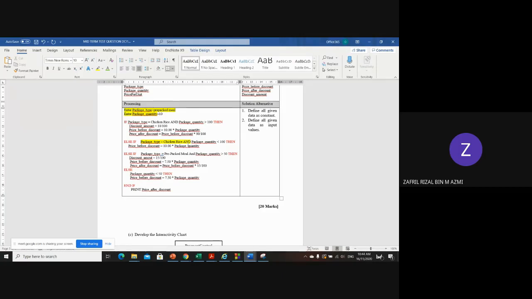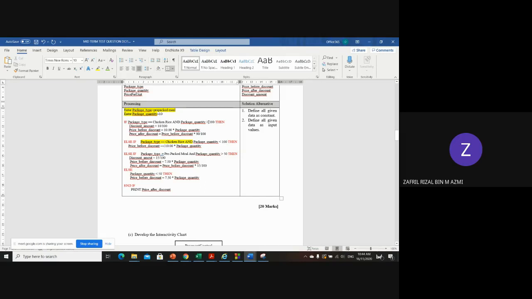But the one that your friend did like this is also correct, if he or she puts down this condition in front of the second if. So for the third else if, package type equal, so use the proper equal.